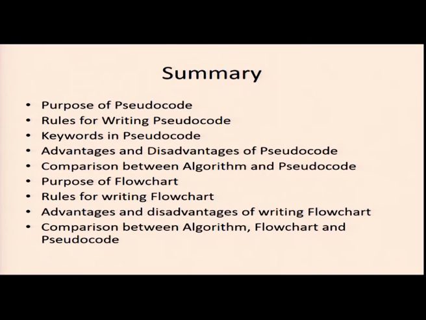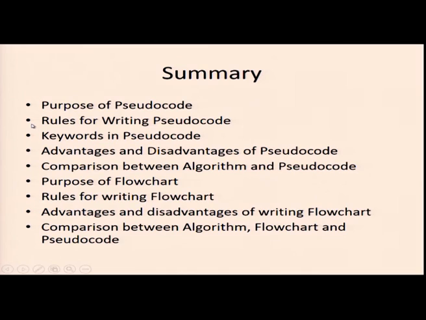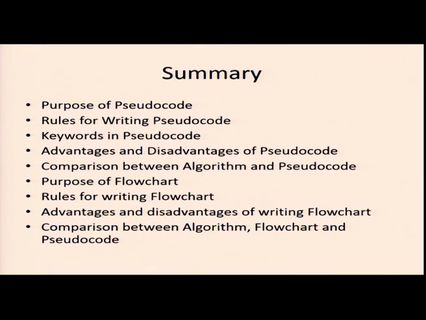Let us summarize whatever we have seen so far in this session. We have seen what a pseudocode is, what the purpose of using a pseudocode is, what the rules for writing a pseudocode are, what keywords are used in a pseudocode, what the advantages and disadvantages of using a pseudocode are, how you compare an algorithm with a pseudocode, what the purpose of a flowchart is, what the rules for writing a flowchart are, and what the advantages and disadvantages of writing a flowchart are.